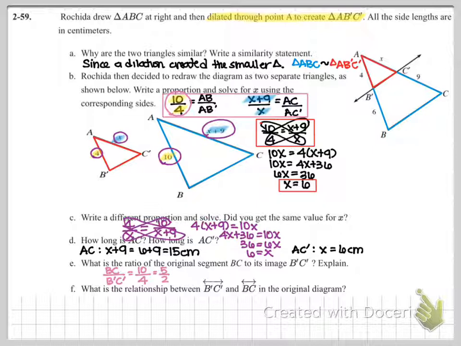So looking back at my picture, the angle AB prime C prime in that red corner is going to be congruent to angle ABC. Additionally, AC prime B prime is going to be congruent to ACB.